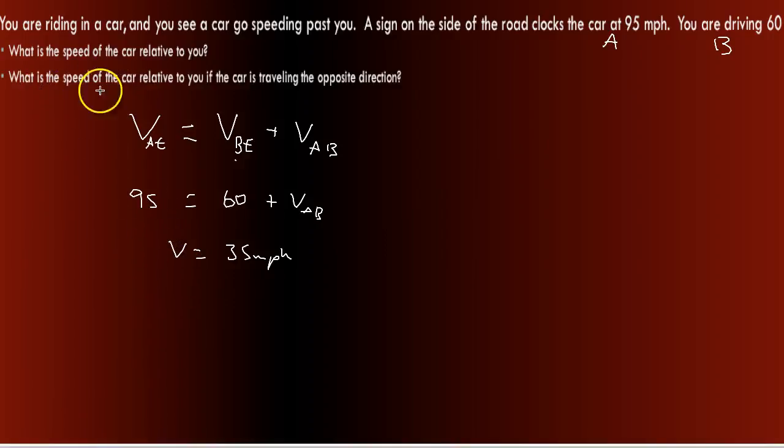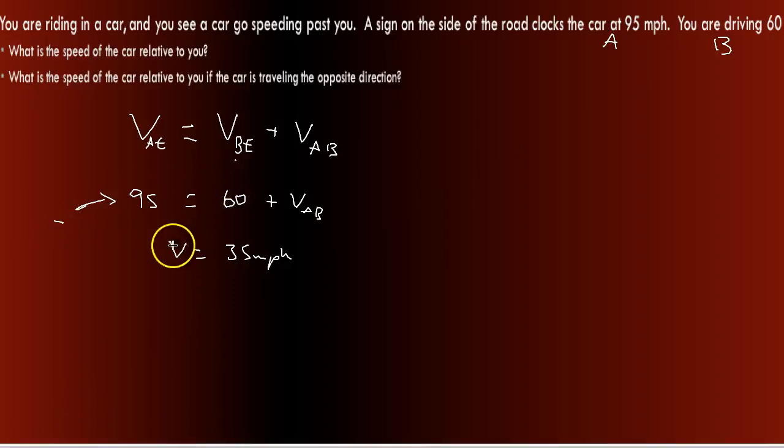And then the next question here is, what is the speed of the car relative to you if the car is traveling in the opposite direction? That's going to change one of these values. I want you to try to figure this one out. If the car is traveling in the opposite direction, that would make this a negative 95.